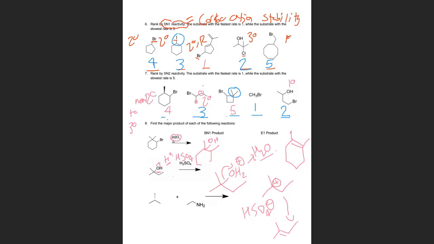Now, let's say, for example, we had HBr. HBr is also an acid, and so it's going to give up a proton to OH to form OH2.